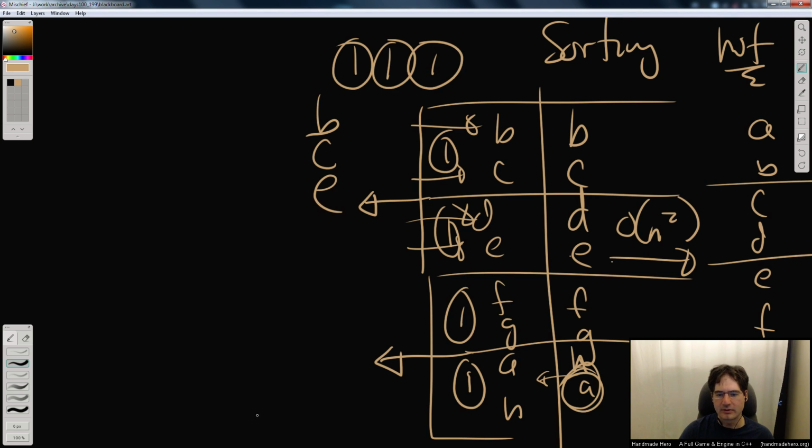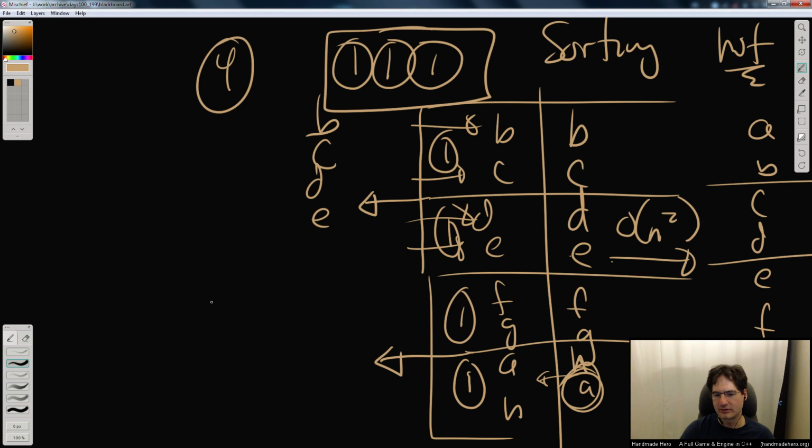And so then I end up with that. So I only needed to do 3 comparisons, whereas if I had done all the pairs, BD, BE, CD, CE, I would have had to do 4 comparisons. Make sense?